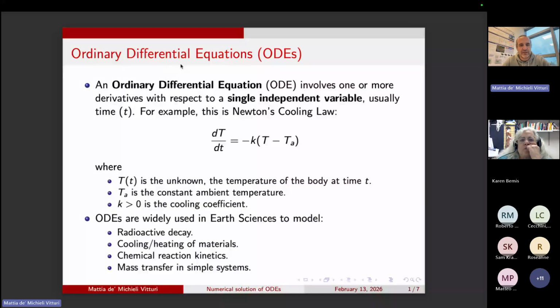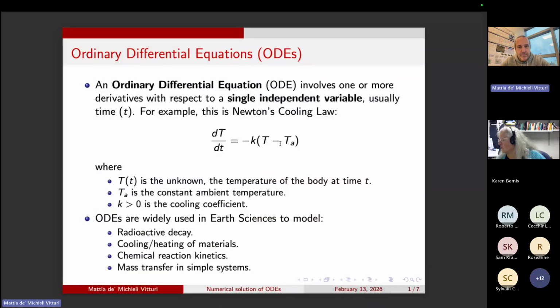In this case, what we see here is a very simple equation, which is Newton's cooling law, that tells us how the temperature, which is denoted here with a capital T, which can be, for example, the temperature of an object, the temperature of a body, but it could be, for example, if we consider a magma chamber as just a point with a uniform temperature, the temperature of the magma chamber that changes because we have some exchange of heat with the ambient.